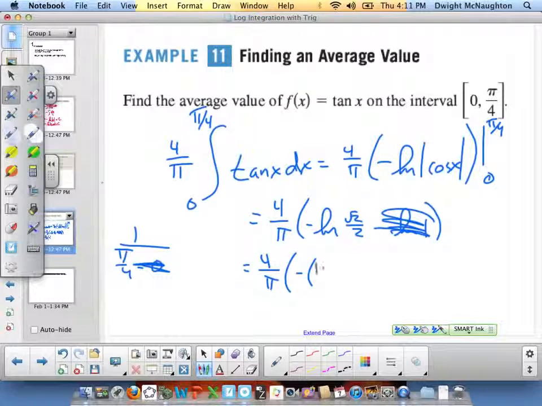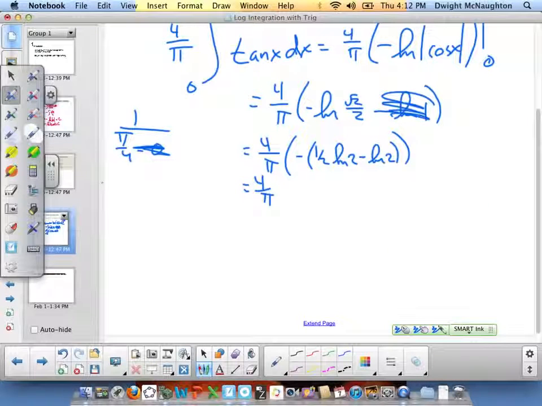Let's break that up: square root is 1/2 power, natural log of 2 minus natural log of 2. All right, let's distribute. We got 4 over pi. Distribute the negative sign, negative 1/2 natural log of 2 plus the natural log of 2. Well, that'll clean up to 1/2 the natural log of 2.